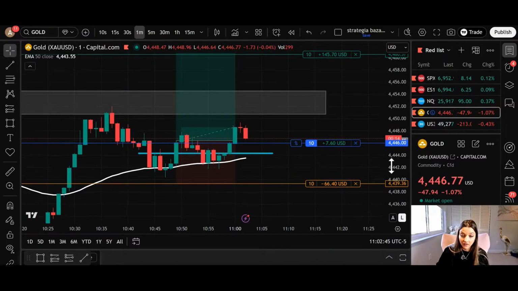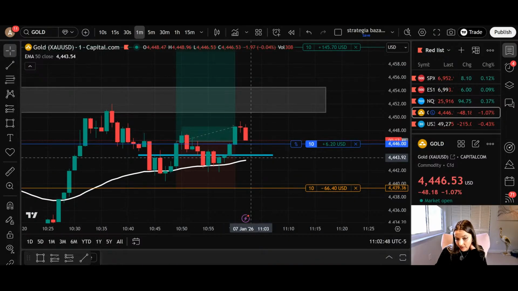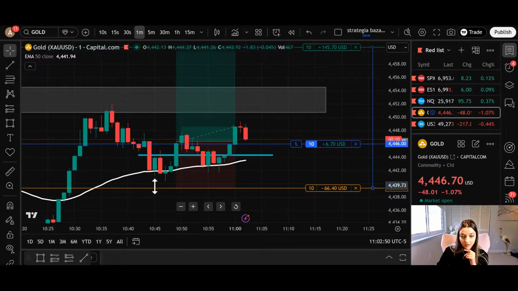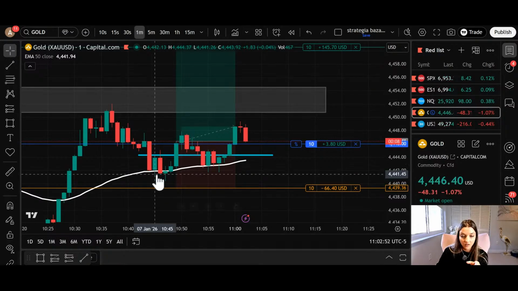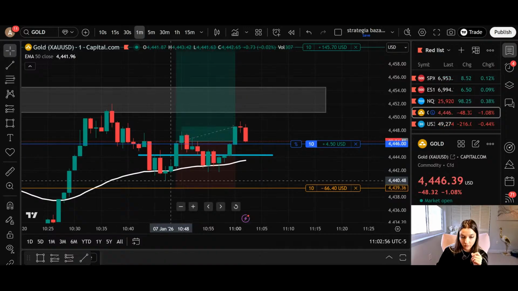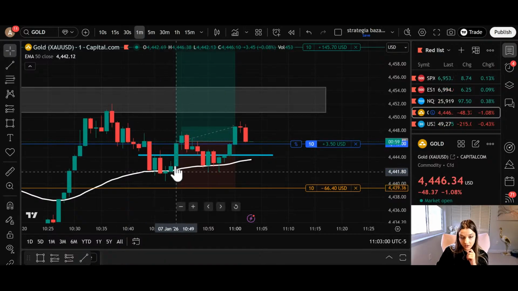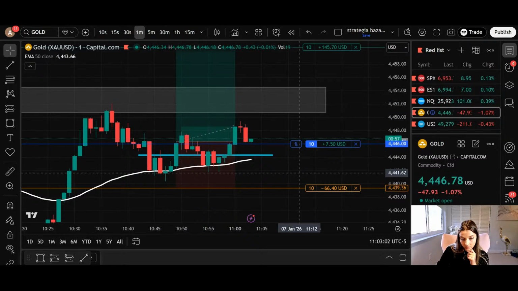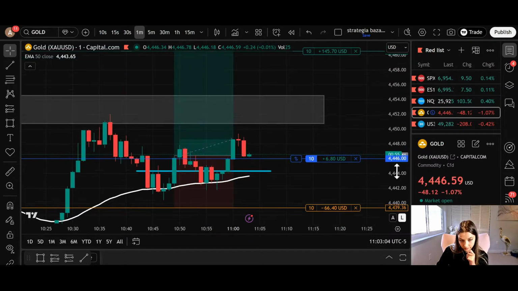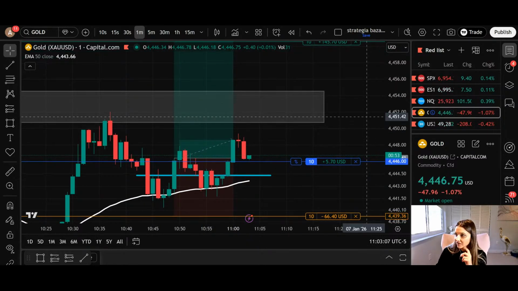So I said I'm going to go in a trade where the EMA acts as a support. And for me, a rejection of the EMA is maximum 4 candles. You can see I have it here. So I consider this a rejection, so I got into a long. If that makes sense.